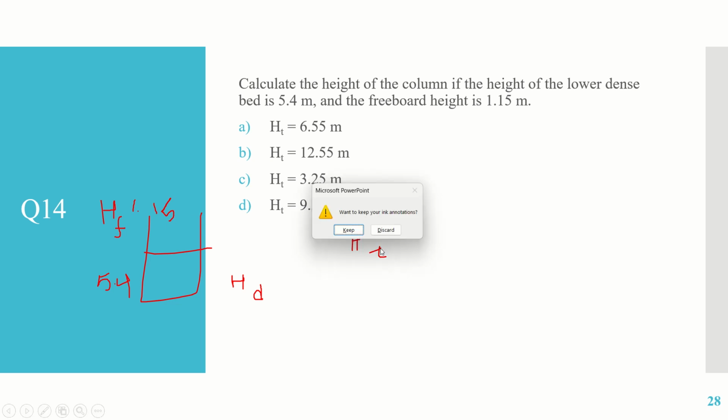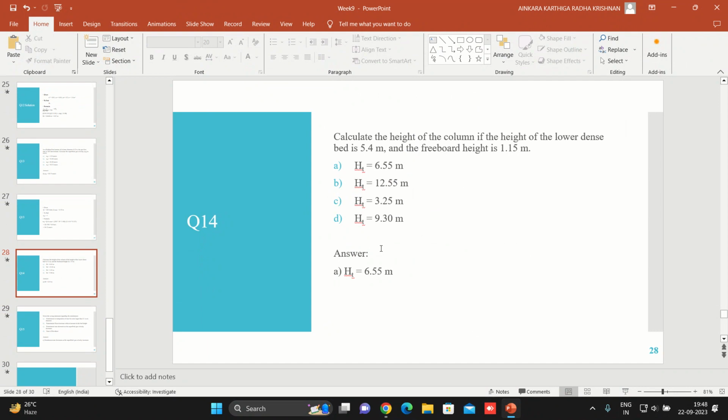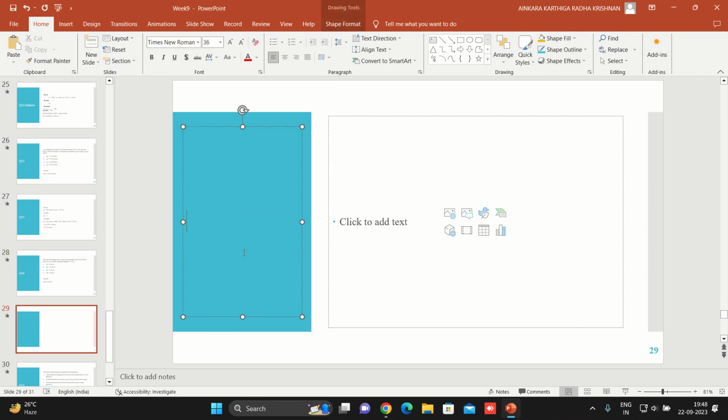So I think it will be better if we solve it. Although it is not a bigger one, for using the formula, we will solve it.